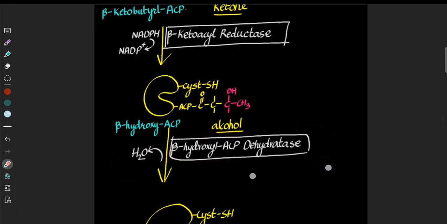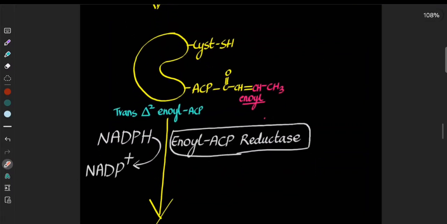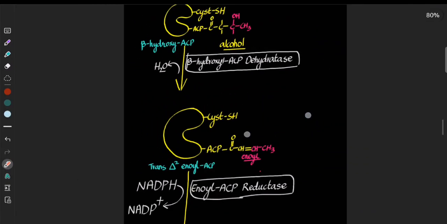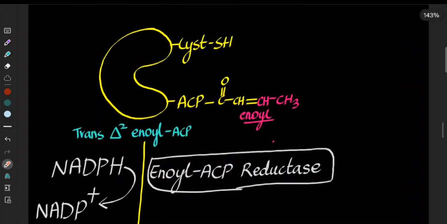When a molecule of water is being removed, as you can see over here, this OH and one H will be removed as H2O. So now there is a possibility that the second and third carbon will form a double bond between them. As you can see over here, there is a double bond in between, right?